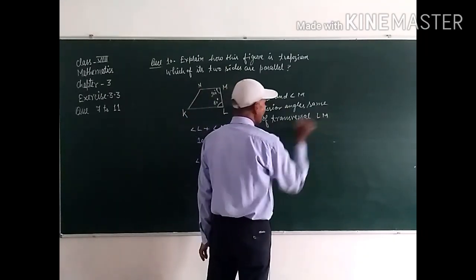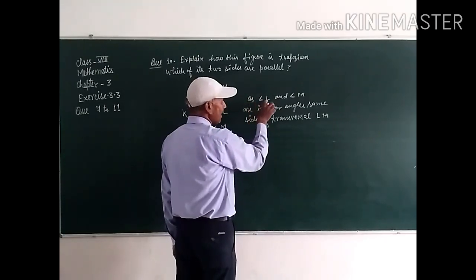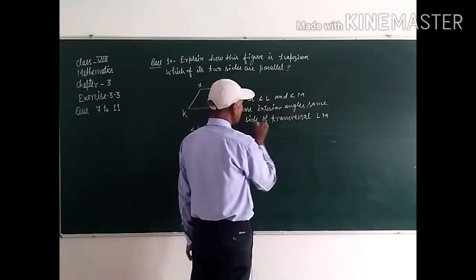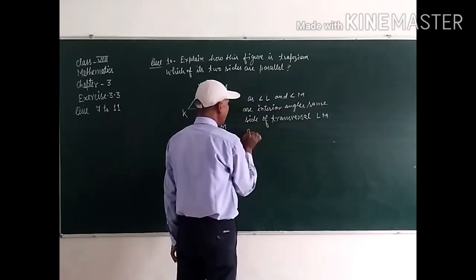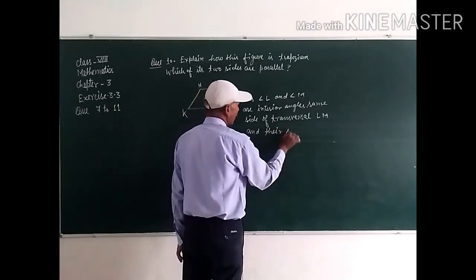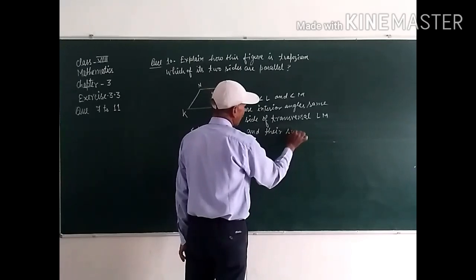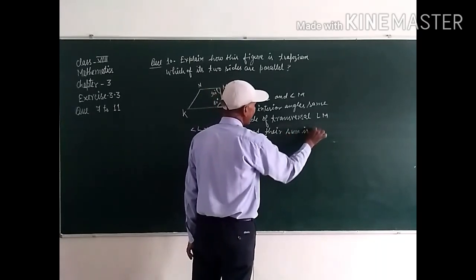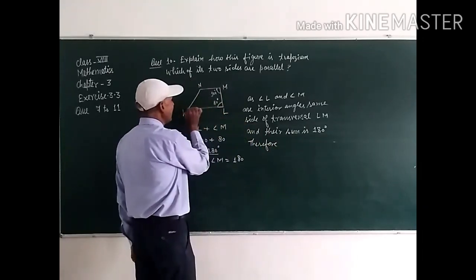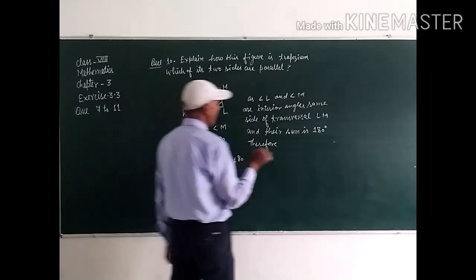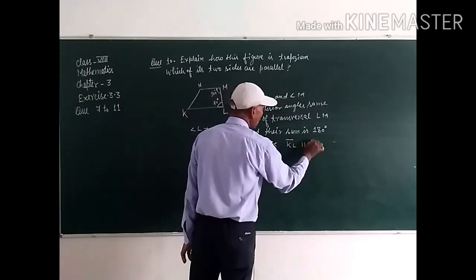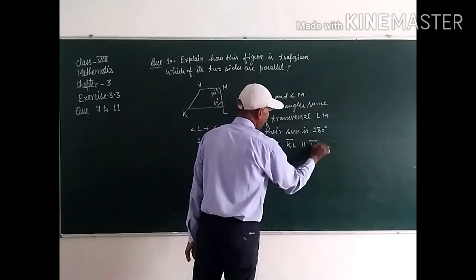So LM is transversal. As angle L and angle M are interior angles, same side of transversal, and their sum is 180 degree, therefore line KL will be parallel to line MN. KL parallel to line MN.